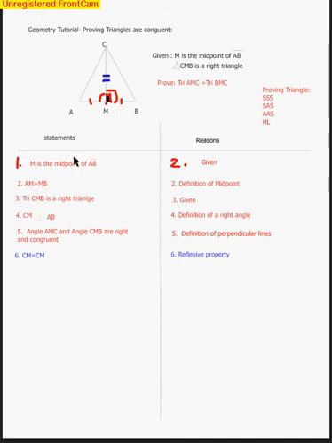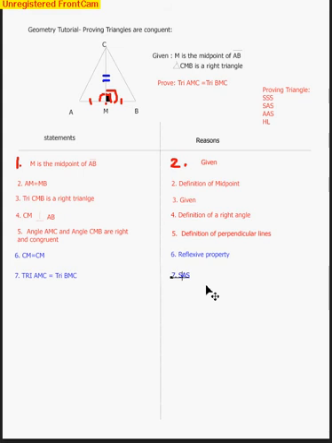We've got sides, we've got angles, and we've got sides. So the very last step is to say that triangle AMC is congruent, now pretend that's a congruent sign, to triangle BMC. And then our reason why over here: side, angle, side.